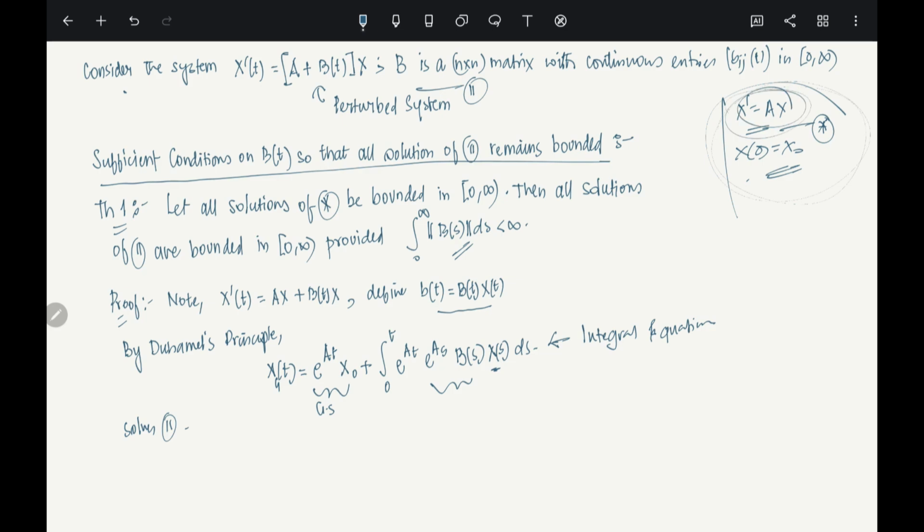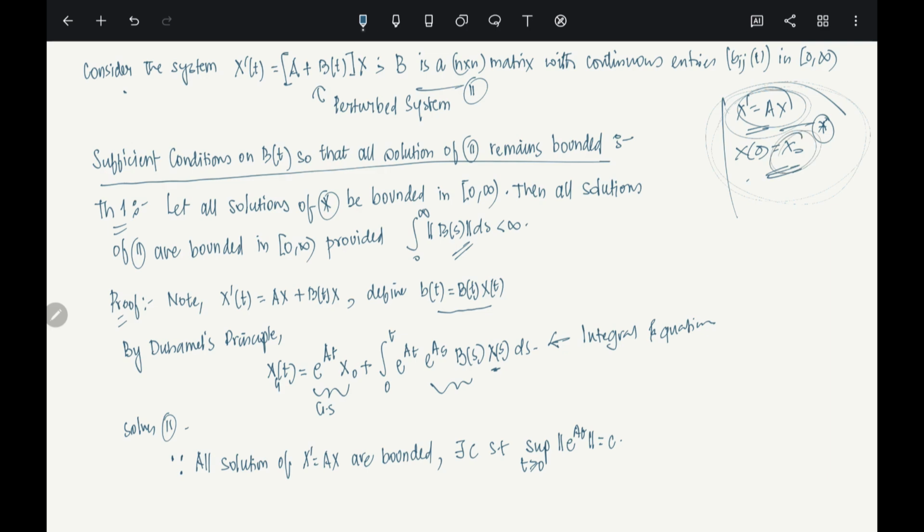Since all solutions of x prime equals Ax are bounded, there exists C such that the supremum over t positive of the norm of e to the power At is at most C. Is this okay? It has to be, right? See, if they are bounded, x naught doesn't matter. X naught is basically an arbitrary number, it can pass through any point.